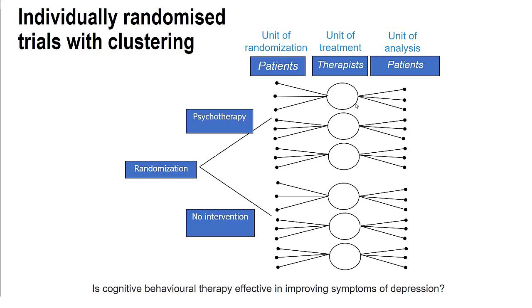But those participants may be seen by the same therapist. They might be randomized also to the therapist that they will see. And then we measure the outcomes at the patient level. So what's happening here, of course, is that we have this clustering because we've got the same therapist essentially treating multiple participants. And so there could be correlation in observations that arises through that mechanism.